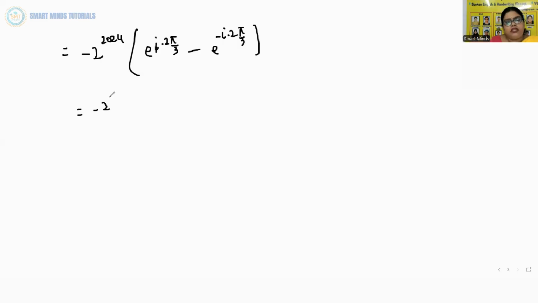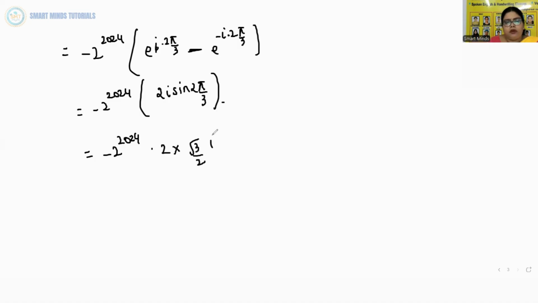So that is minus 2 power 2024 into, this is nothing but 2i sine 2 pi by 3, because when you have a minus we take it as 2i sine theta. So that is equal to minus 2 power 2024 into 2 into, sine 2 pi by 3 is root 3 by 2, i. 2 gets cancelled.